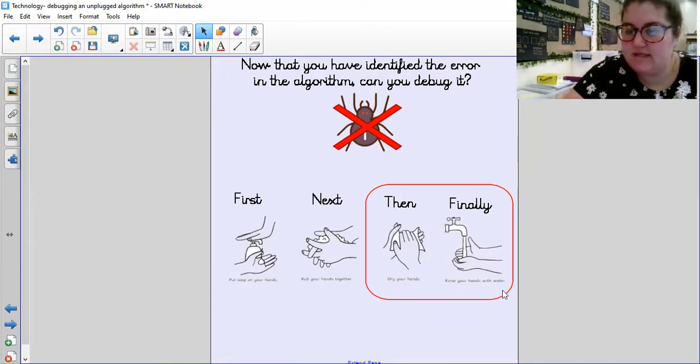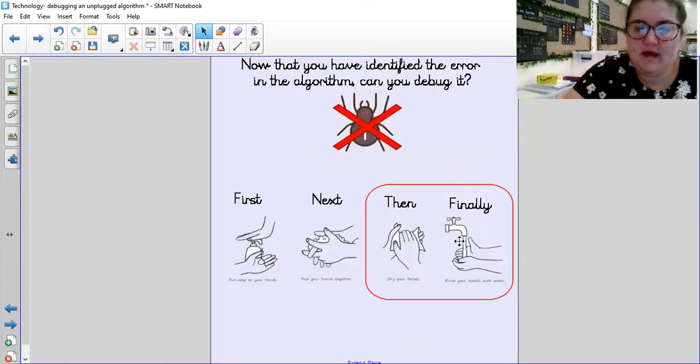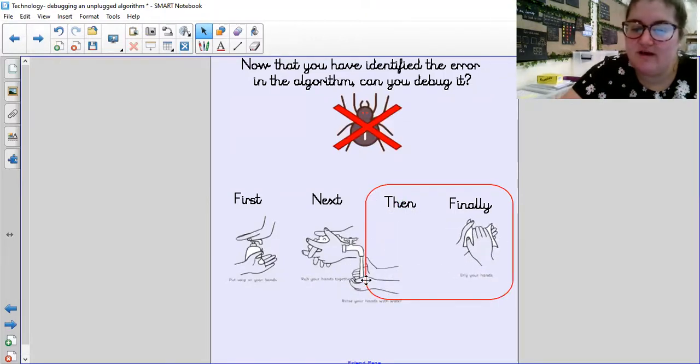So at the moment, my algorithm is incorrect. So if I go back here, what do I need to do then? How can I debug it? What can I do? What do I need to do? So hopefully you are saying I need to swap these things over, okay?